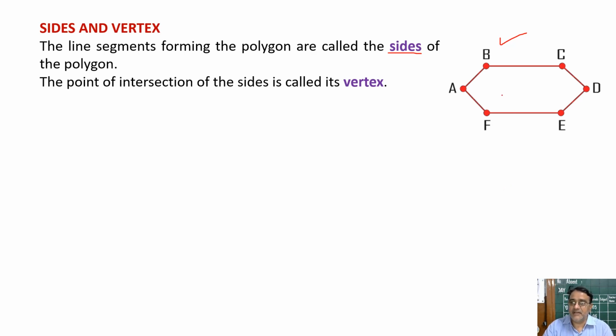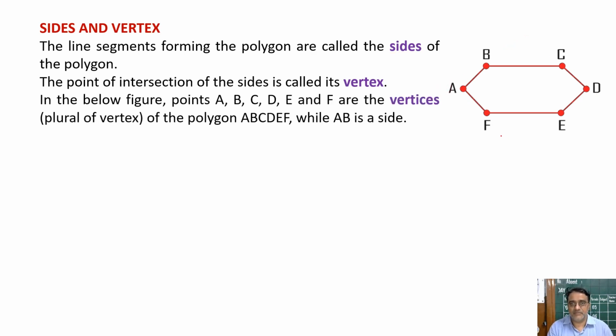And in this figure, AB, BC, CD, DE, EF and FA, these are the sides, and A, B, C, D, E, F are the vertices.